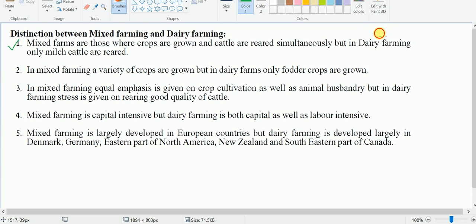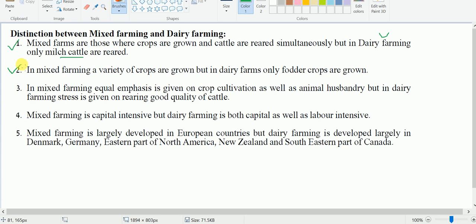But dairy farming is only milk cattle. In mixed farming, both rearing of animals and growing of crops are done. However, in dairy farming, only milk cattle are reared.